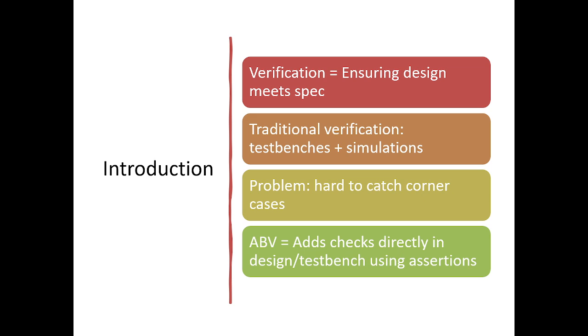There are also some corner cases which are hard to touch, and those will be explained. We want to ensure that the design behaves correctly under all scenarios. Traditional simulation alone often misses corner cases. Assertions are a way to continuously check the behavior against the specification, giving us faster debug and more confidence.